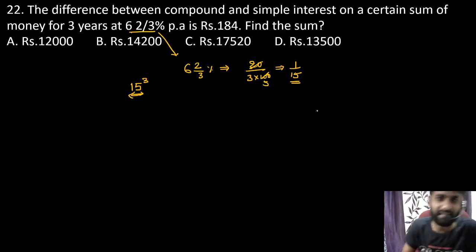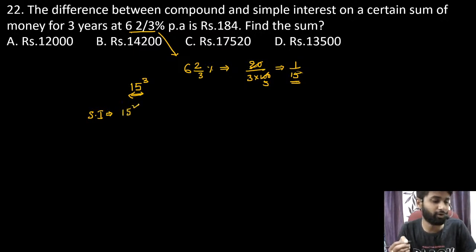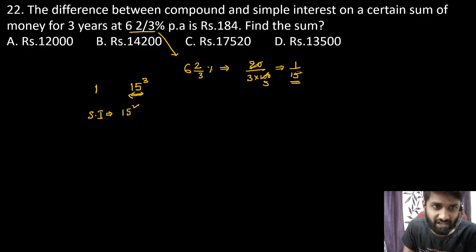That is better. Why? Because here the denominator value is exactly 15. Now, for simple interest, the value is 1/15th of 15 cubed, which is 15 squared. See, guys, how I'm doing the calculation. We need to calculate a difference for 3 years, so I assume a principal.